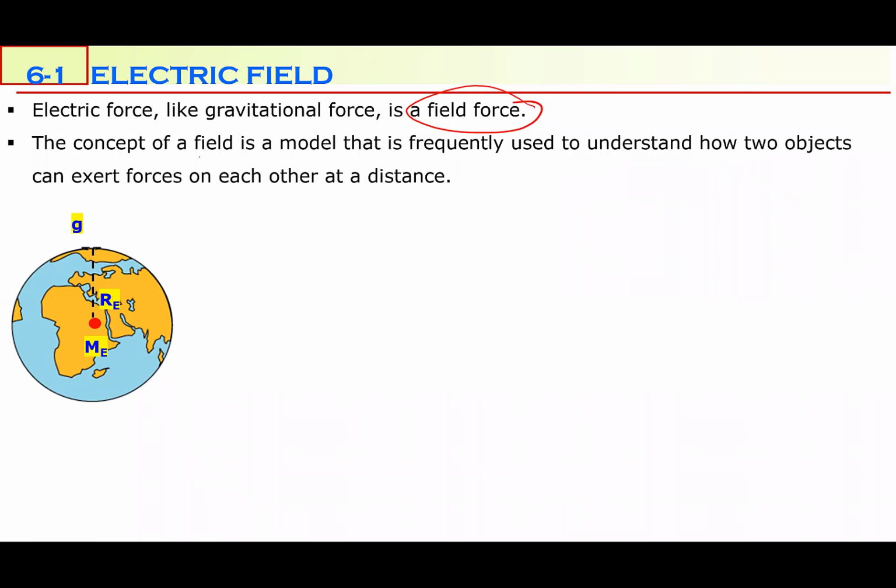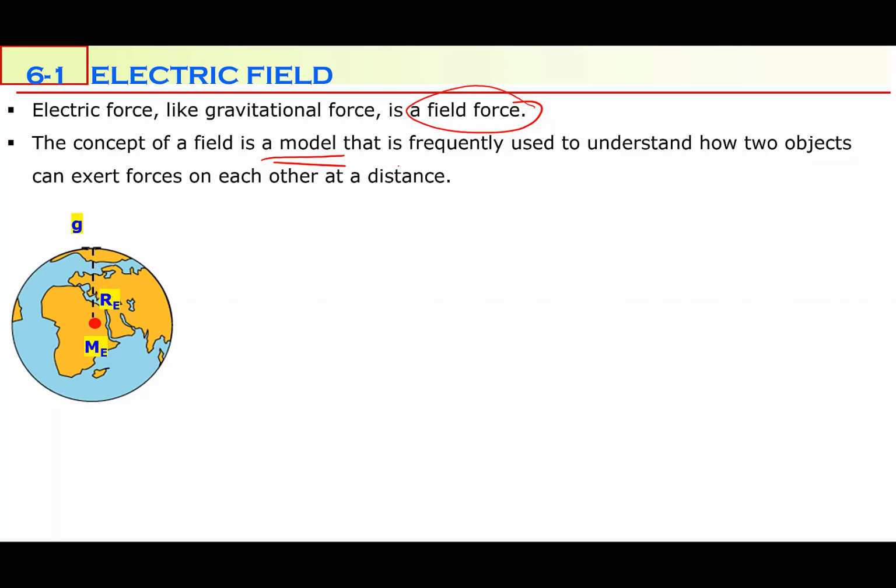The concept of the field is a model that is frequently used to understand how two non-contact objects exert force on each other. So the field concept is for this. Gravitational field. Now you are learning electric field. In chapter 5, we will learn magnetic field. All these field concepts explain how two objects or two things attract or repel one another without contact. So by using the field concept, we explain this. What does this field concept tell you?